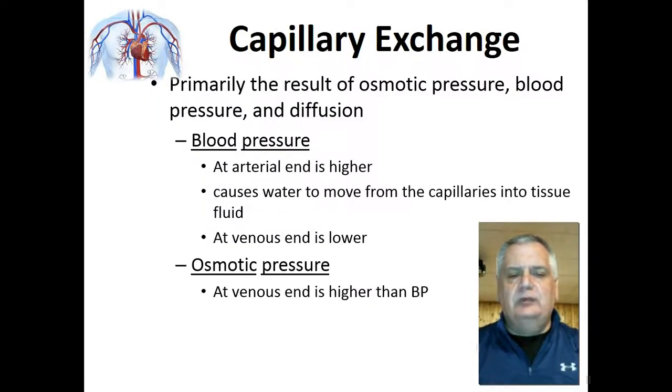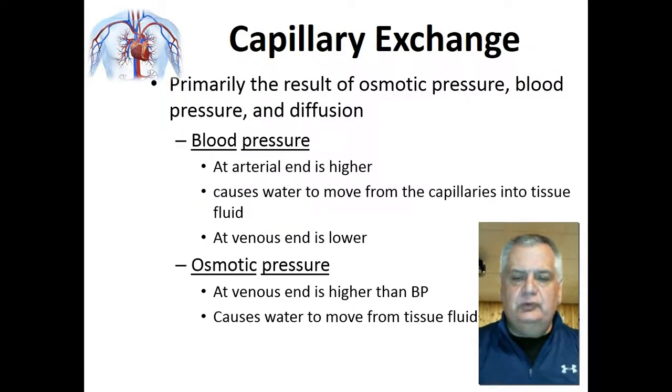Now, osmotic pressure, on the other hand, at the venous end is going to be higher than the blood pressure. This is going to cause water to move from the tissue fluid into the capillaries.